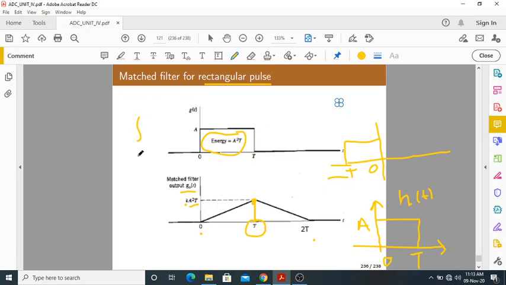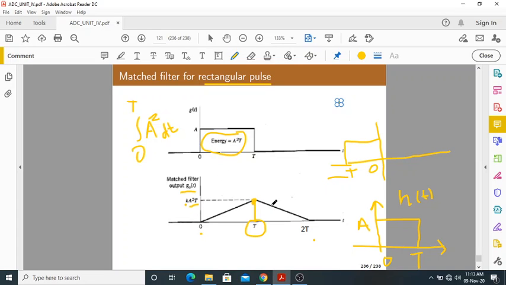How to find it generally? Integral from 0 to capital T, g of t whole square dt. What is g of t whole square? A square. A square dt. What is this value? A square into T. So if you sample at t equal to capital T, you are getting the maximum value for the signal component, that is nothing but its energy, that is A square into T.